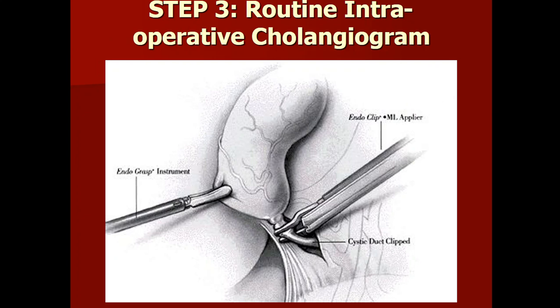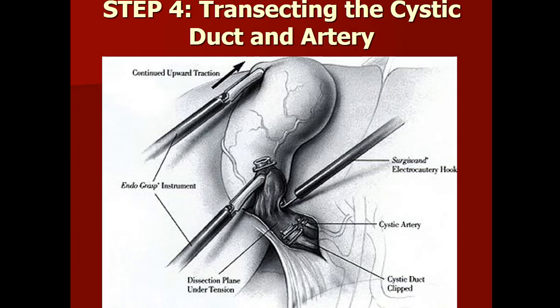The third step is not always made. When you suspect common bile duct stones, you perform intraoperative cholangiogram. That happens in most cases before the cystic duct is clipped. When the dissection was made, step 4 would be transecting the cystic duct and artery, placing at least 2 clips on the cystic artery, and at least 2 on the cystic duct at the proximal stump.